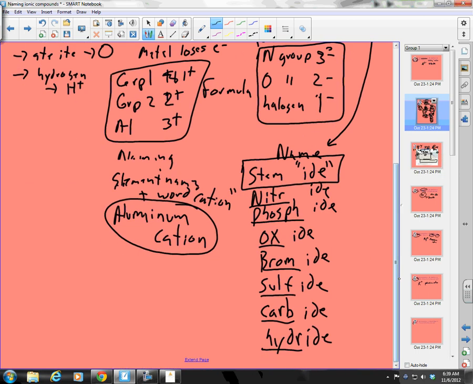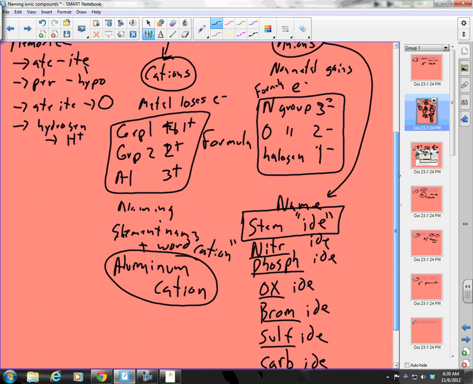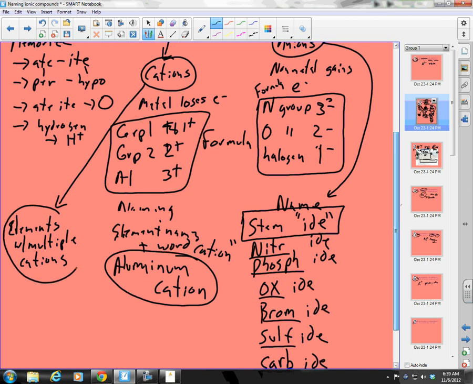We have to write a caveat, and we're going to call them elements with multiple cations.